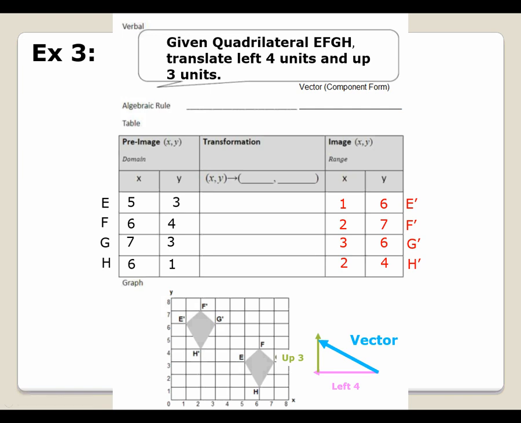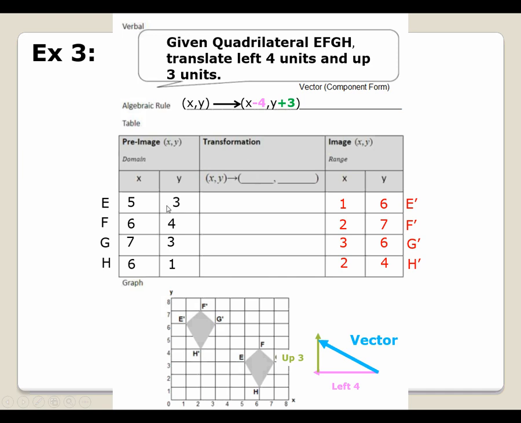Now if we take that and put it into the algebraic rule, this will tell me what we are doing to the x and y coordinates to get the image x and y coordinates. If we go left 4 units, that is heading in a negative direction on the x, so I'm going to be subtracting 4. And when I head up 3 units, that is heading in a positive direction on the y, so I'm going to be adding 3 to the y.